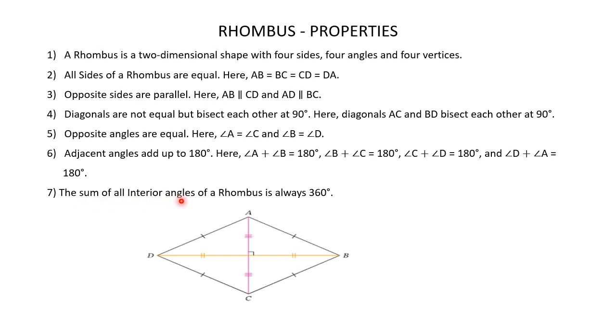The sum of all the interior angles of a rhombus is always 360 degrees. Here it means angle A plus angle B plus angle C plus angle D is equal to 360 degrees.